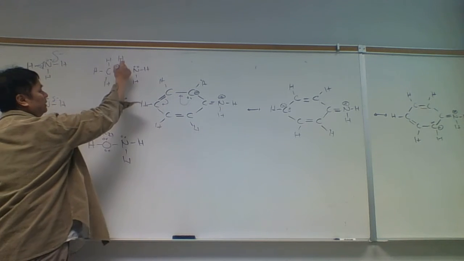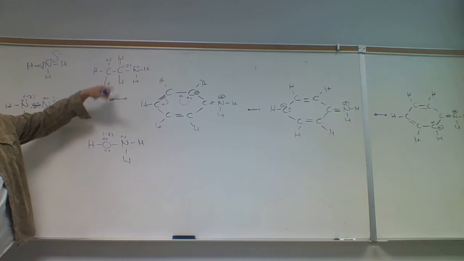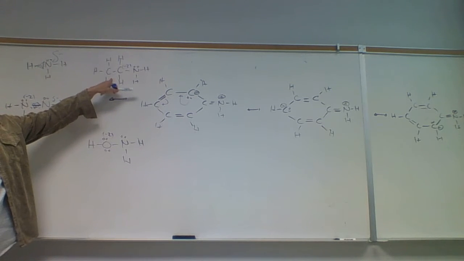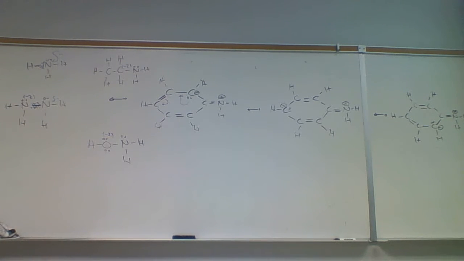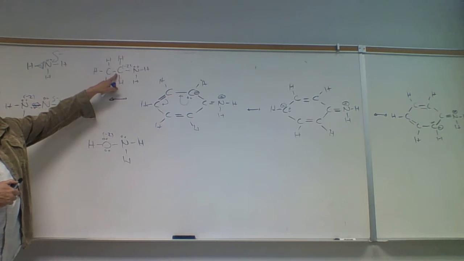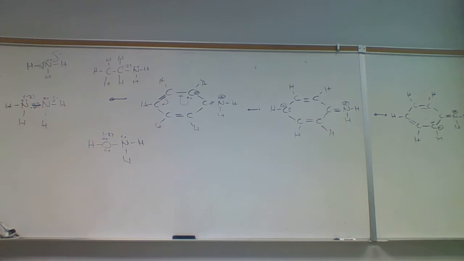Ethylamine had a -2 here, and this is -2, making these two the same. These two should have the same base strength. In other words, hydroxylamine and ethylamine should be equivalent in terms of base strength, because both of these are electron rich, this oxygen and this carbon, both electron pushers. Is that the case? No, not at all. Why?